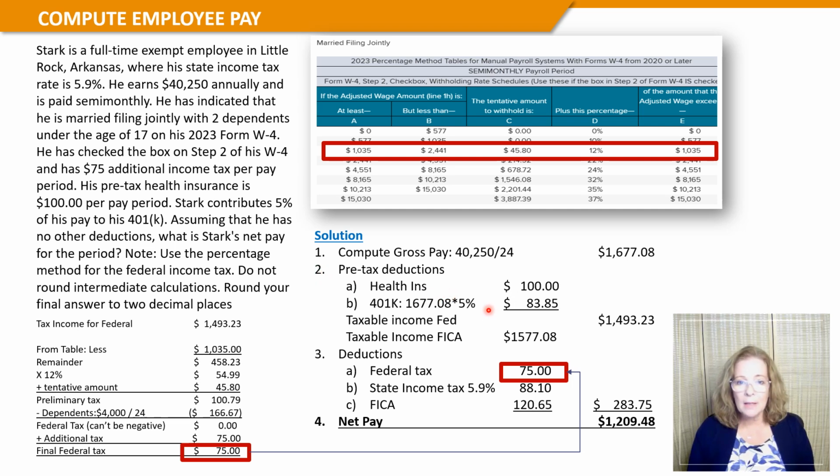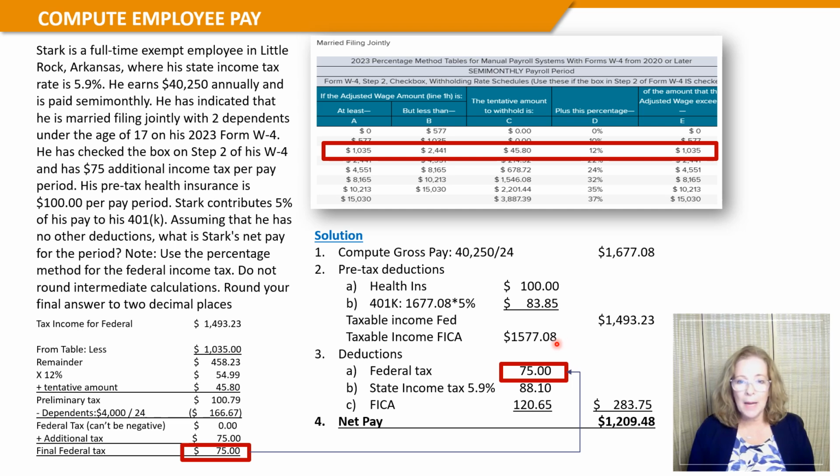That gives us a taxable wage for federal taxes of $1,493.23. We also need to calculate the taxable wages for FICA, which means that we only deduct the health insurance in our example from the gross wages, which results in $1,577.08.